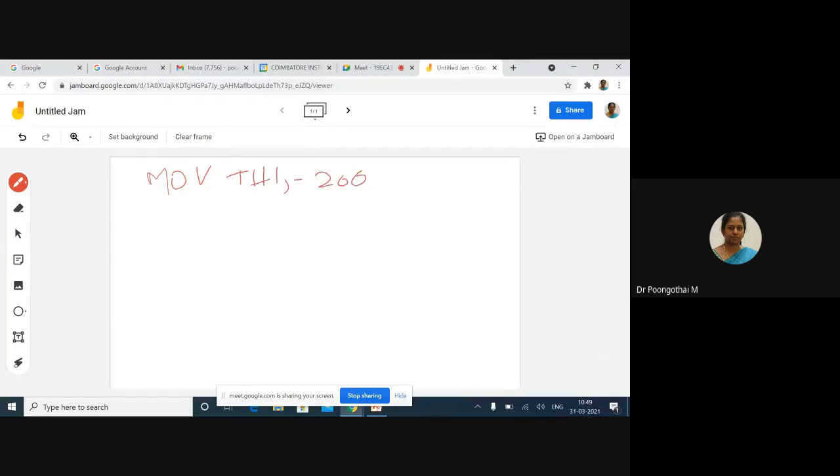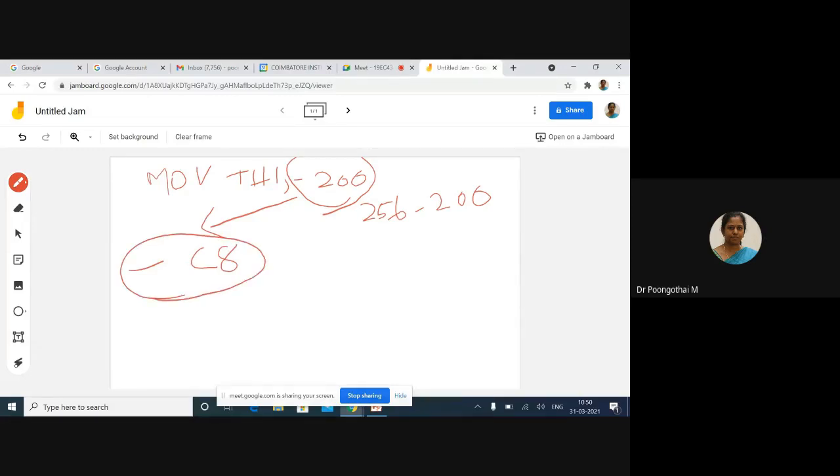Which means this value was subtracted from the maximum value. So the negative form is given in the instruction. How this instruction will calculate the original value: first this value is converted into hexadecimal, the value is C8, which means minus C8. Okay, so we need to calculate the 2's complement.